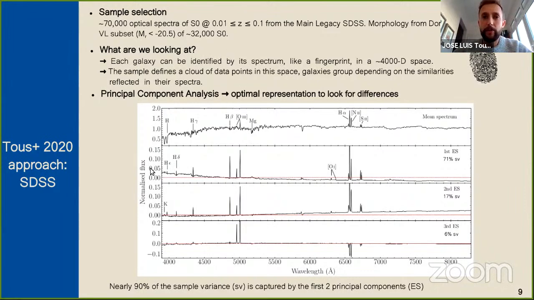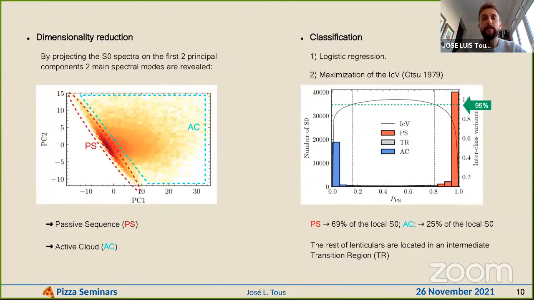And here I show you, together with the mean spectrum of our sample, that with the first three principal components, these three new axes, we are able to explain almost 95% of the sample variance, whereas if we use only the first two, we are talking about 90% of the sample variance. So we can reduce the dimensionality of the problem to a very low dimensional space of 2 dimensions.